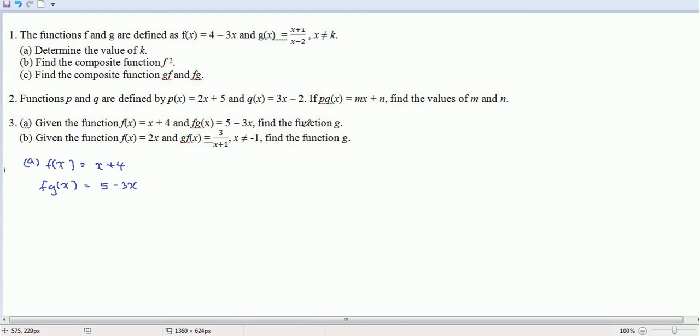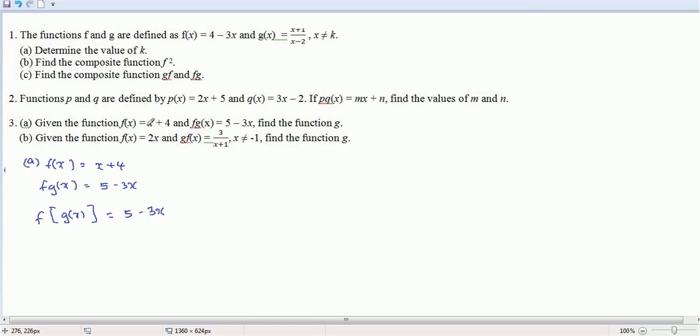Then we need to find the function g. So g is the first function, so to find the first function will be easier. So f, I make a bracket here, gx, equals 5 minus 3x. Now I just treat the gx as a new x.